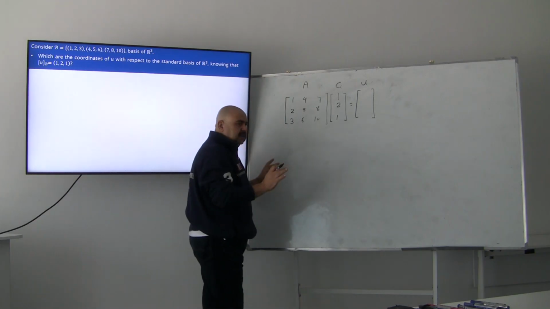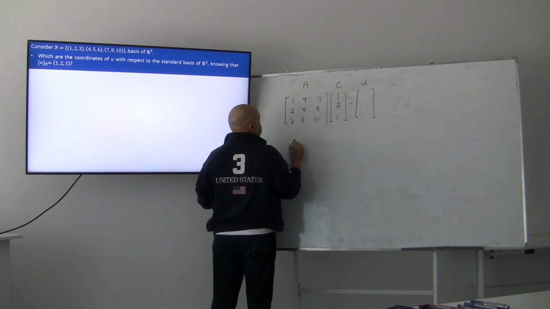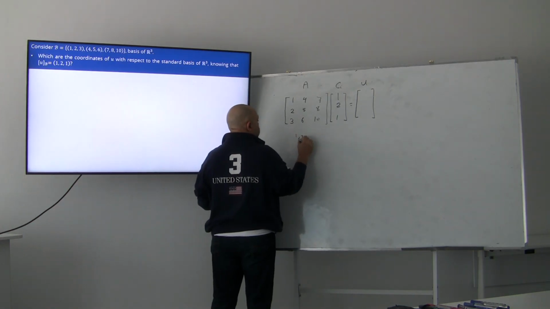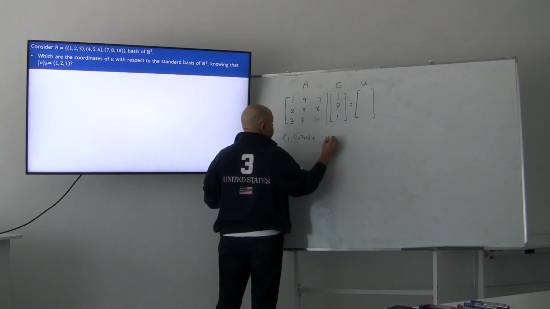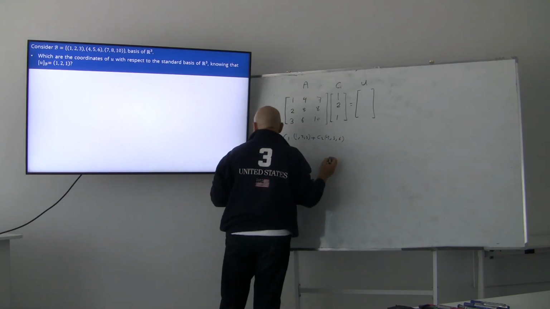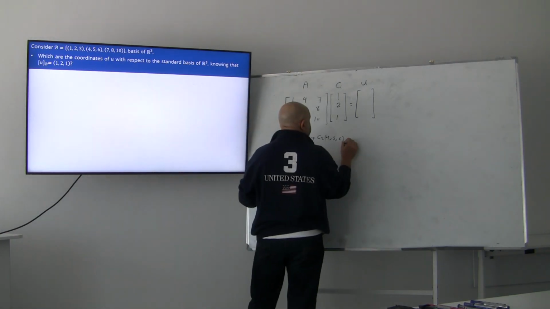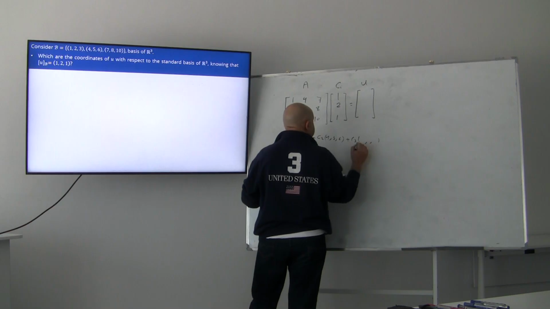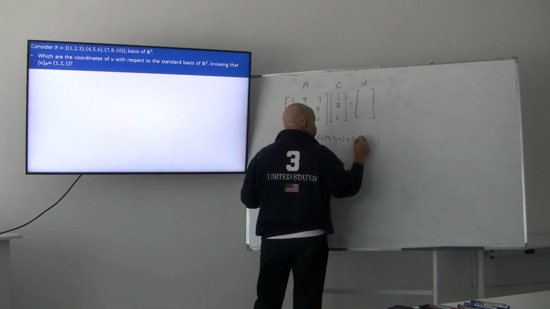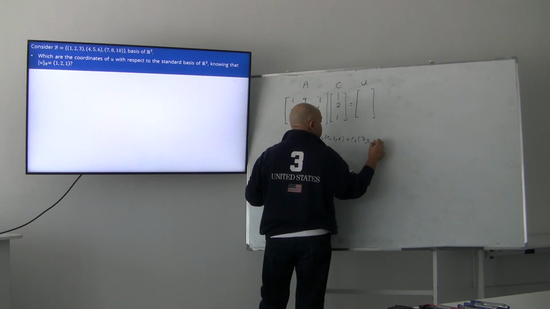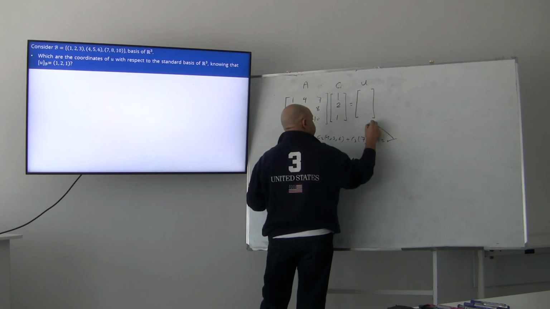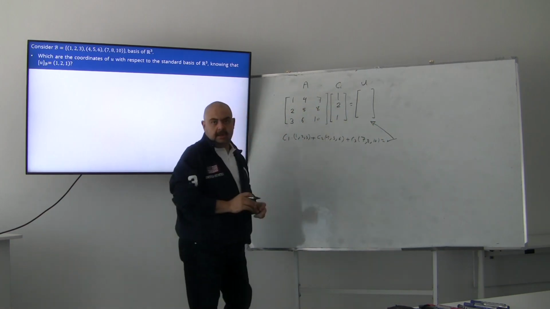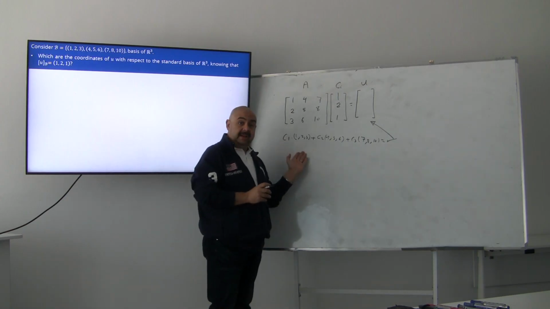It's exactly the same, like taking the first vector, which is (1, 2, 3), and multiplying by C1, and (4, 5, 6) multiplied by the second value of the given coordinates, plus C3 times the third vector, which is (7, 8, 10), and you will have your vector exactly like this setting. So either use the main formula or use this matrix form.